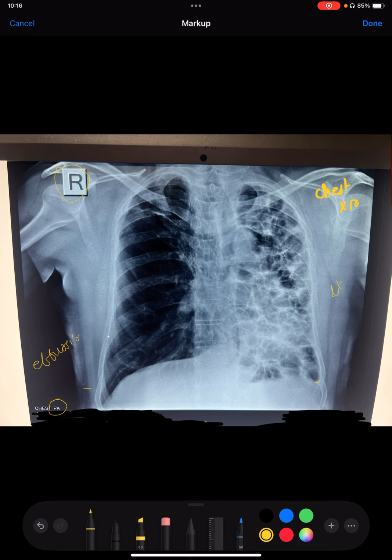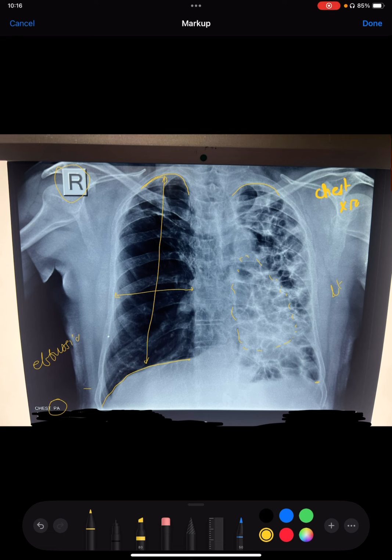If you can see, this is the upper border of the lung, which we can see in here. This is the lower border, this lowest border. Here we can see it is here. So this vertical distance is much more in the right lung, as well as this transverse distance is also much more here, because here we can see this is all heart, up to here the heart is shifted to the left side.